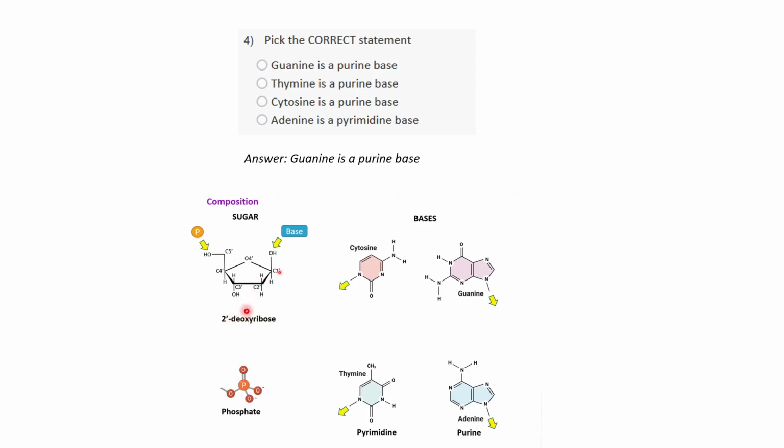But in the case of DNA, it contains deoxyribose at the second position, so the oxygen is removed. This is the positioning: carbon number 1, 2, 3, 4, and 5, and there is an O bond, oxygen present at the 4 prime position. At the first position the base is attached, at the third position the OH group, and at the fifth position the phosphate group is attached.